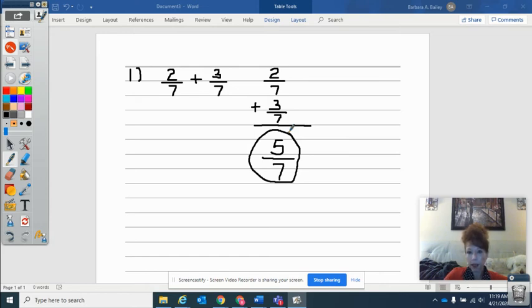Okay, so let's try another one. In a minute, I will use some pictures or kind of visual to show you why we never add the bottom. Using some pictures, it might make a little more sense. All right, so let's erase this, and I'm going to do another example.